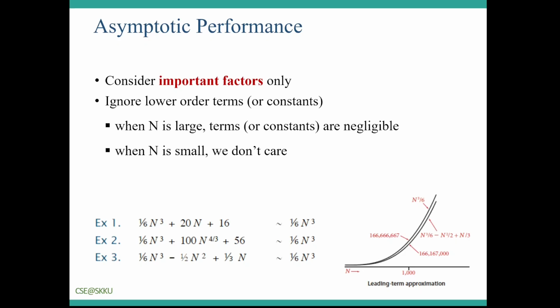Okay, and then we want to show 1000n squared plus 1000n is in big O of n cubed. In this case, this expression is less than or equal to 1000n squared plus n squared.